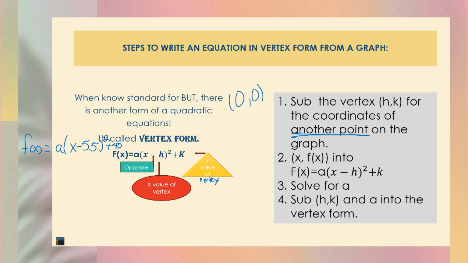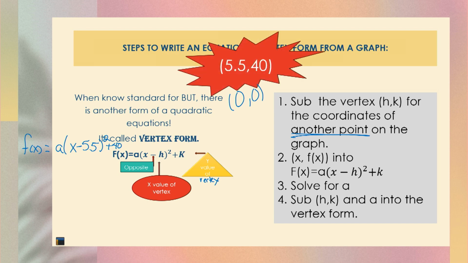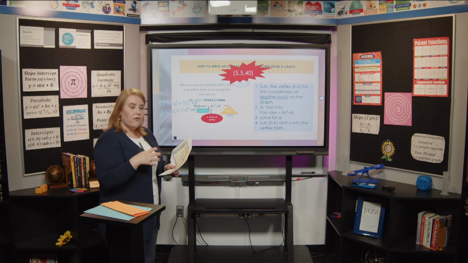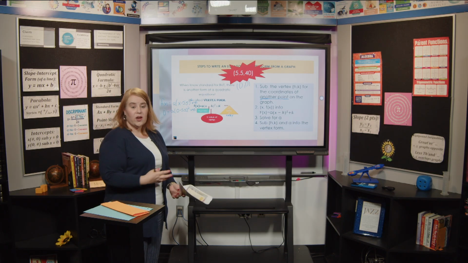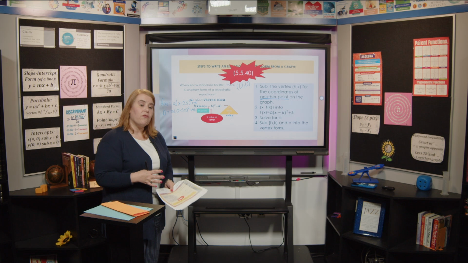So then I'm going to plug this 0, 0 into it. So I have f of x, which is my y value, 0 equals a times, my x value is 0 minus 5.5 squared plus 40. I'm going to solve for a. That's the only variable that I have left. So I'm going to solve for that a.